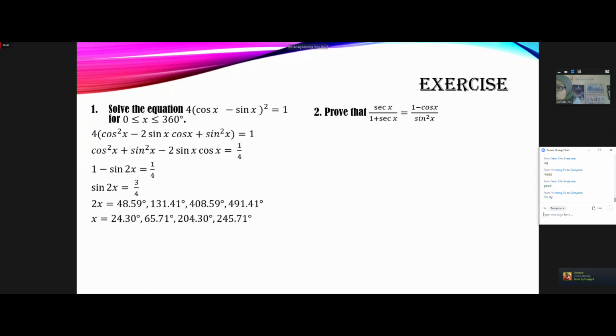Is there anyone can prove? Tak ada pun orang hantar jawapan? Tak nak hantar jawapan? Okay, dah. Someone sending me the answer. Sin squared, kenapa tiba-tiba jadi secant x sin squared x ni? Okay, tak apa, we'll try.